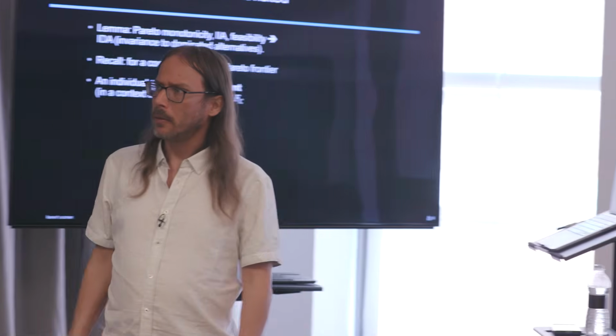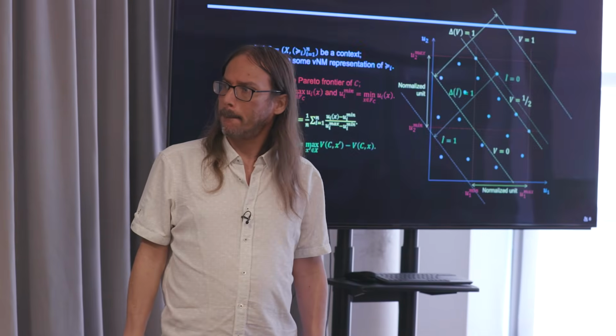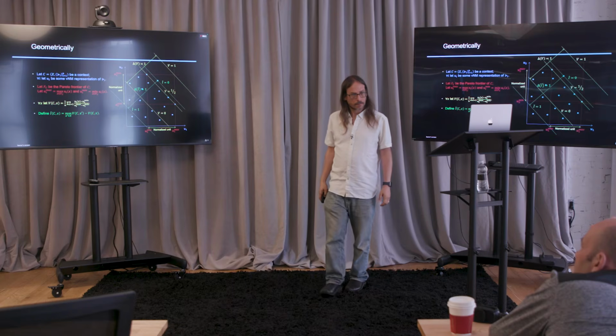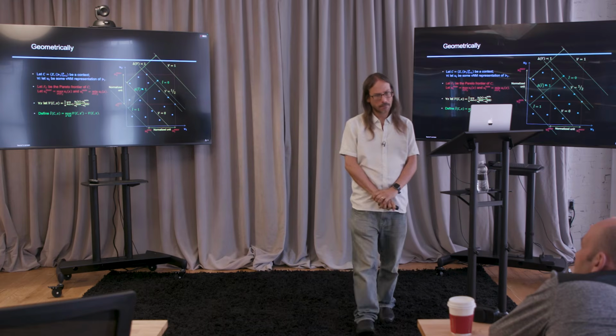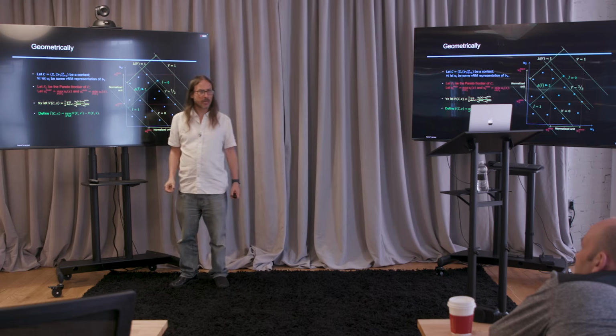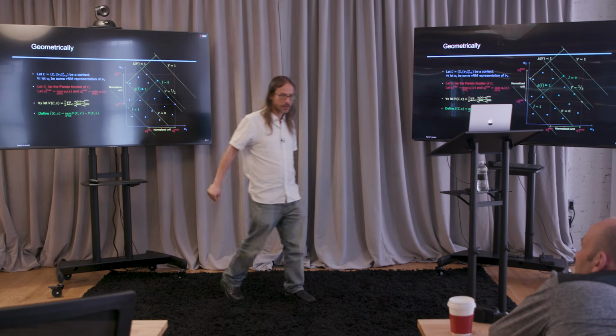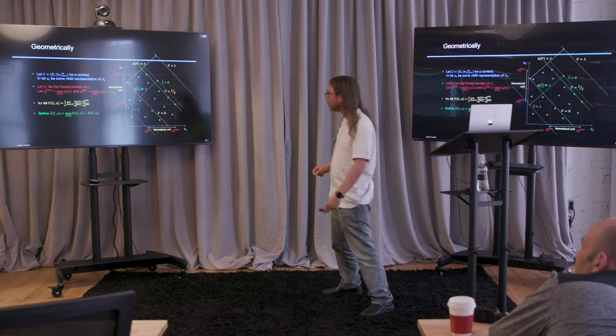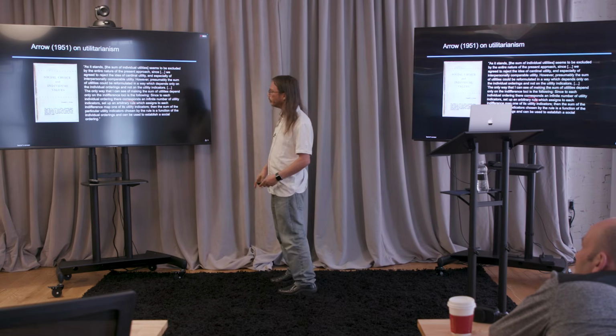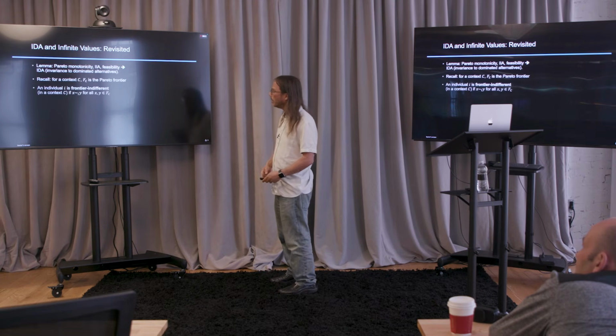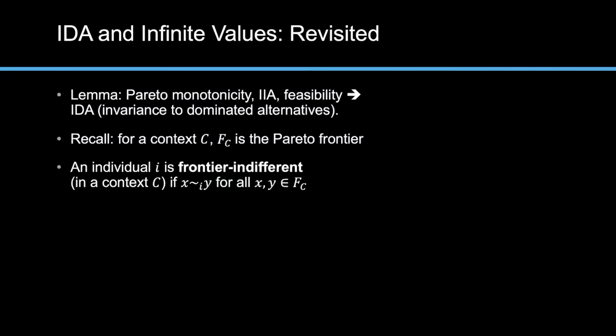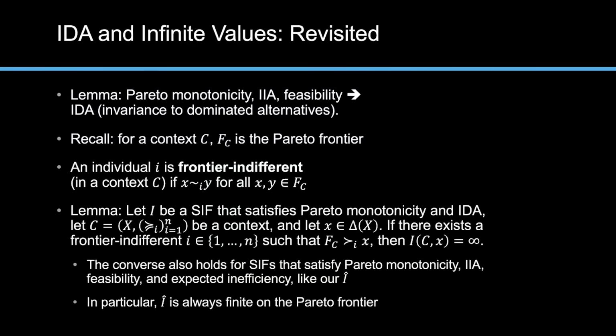Can you go back to the construction of just the definition of the function? So when you have a degenerate Pareto frontier, you define it by 0, and that's exactly when you get the infinities we talked about. This is what we have in this slide. We can say that an individual i is frontier indifferent if they are indifferent along the entire Pareto frontier; these are exactly the individuals for which you divide by 0.